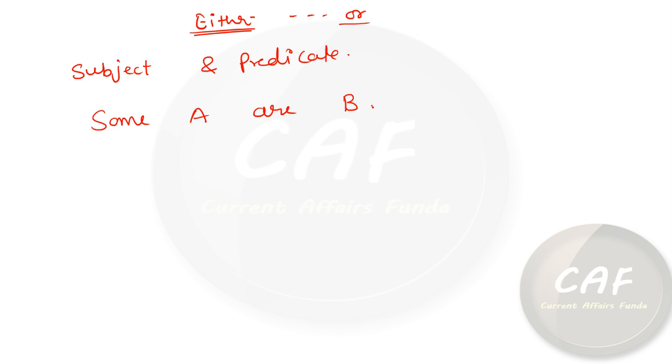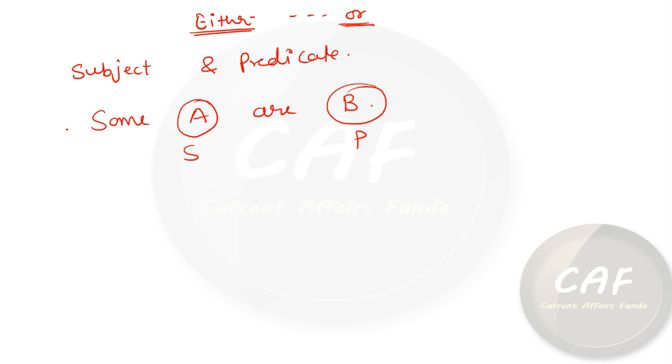You know very well what is the meaning of subject and predicate. Suppose a statement is written in this form: some A is B. Here A is the subject, and B is the predicate. So in the either-or condition, subject and predicate should be the same in your conclusion section.